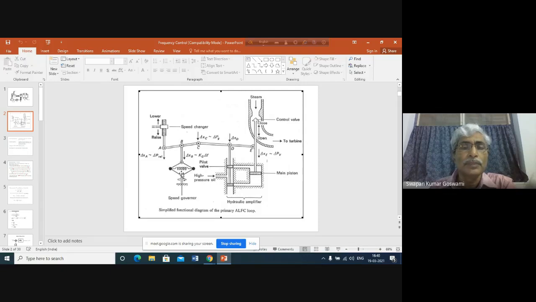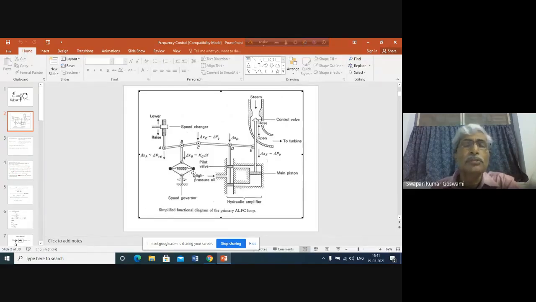That means with the movement of the fly balls outward or inward, depending upon the speed, these rods may go up or go down. As a result, B, which is connected with this rod system, will either go up or go down. So at a frequency above synchronous, what will happen? The speed of the fly balls will be above synchronous speed.